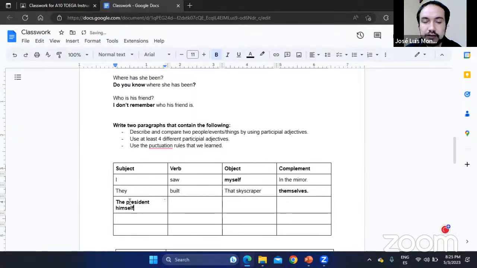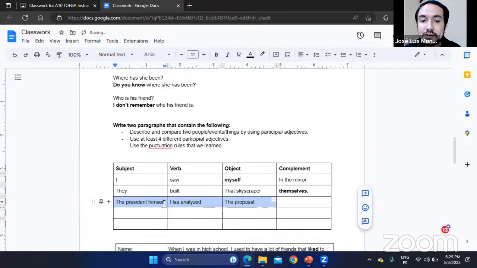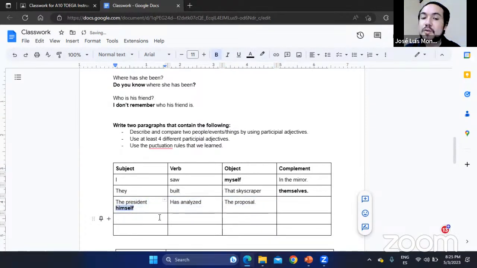The president himself, all right, has analyzed the, what could it be? Proposal. All right, so here it's next to the president because the emphasis is on the idea that the president did that action. Or it can be the object.